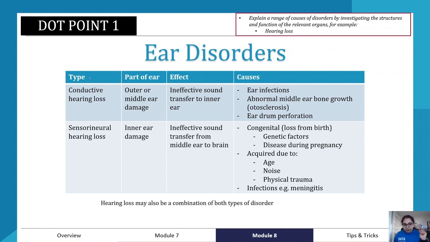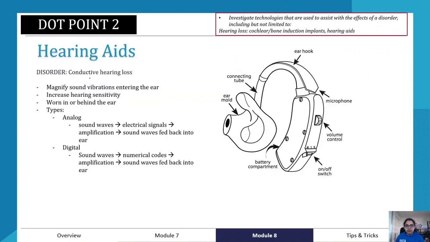Causes can be congenital, so loss from birth, due to genetic factors or diseases during pregnancy. It can be acquired with age, noise, trauma, and also infections like meningitis. Hearing loss can also be a mix, so mixed hearing loss refers to conductive and sensorineural hearing loss together.